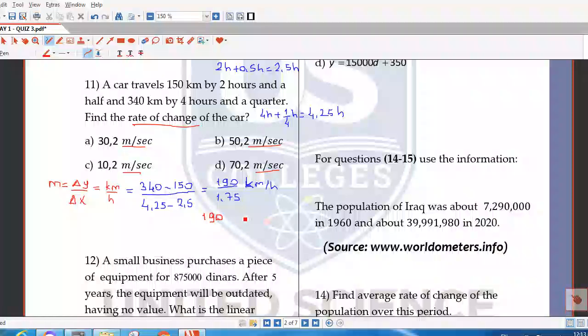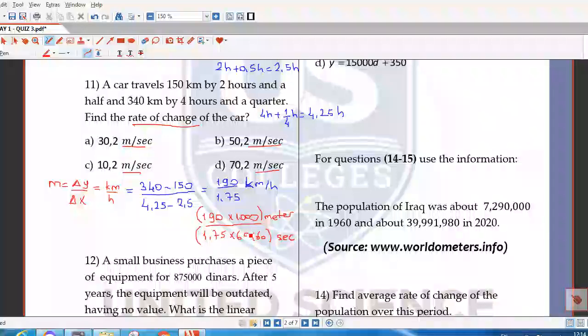Numerator is kilometer 190, so multiplied by 1000, it is the conversion of kilometer to meter. It is going to be the meter. And 1.75 hours times 60 minutes times 60 will be seconds.